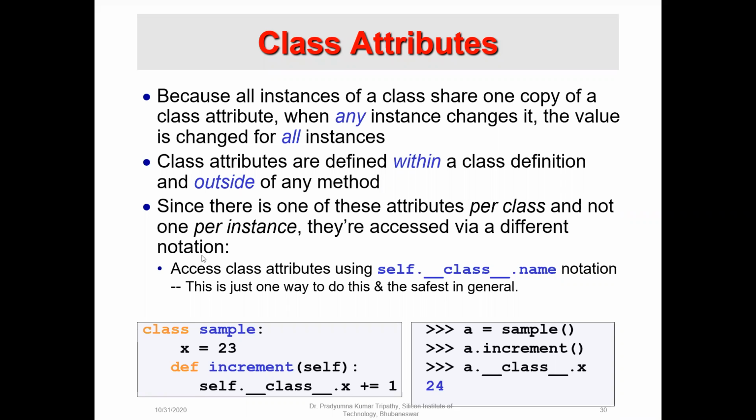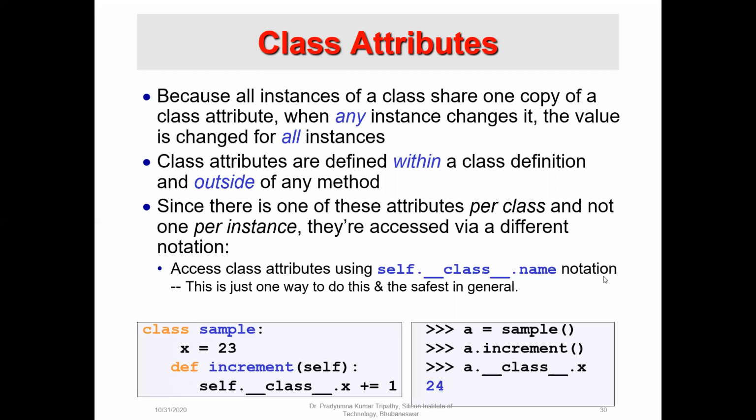Right? So this is not in the scope of an object, rather it is in the scope of the class. So if any of the objects calls the increment function, the variable x will be incremented and that will be reflected in all the objects of the same class.